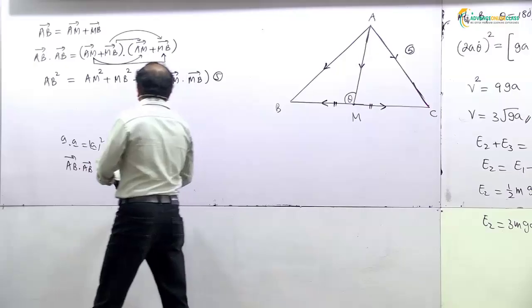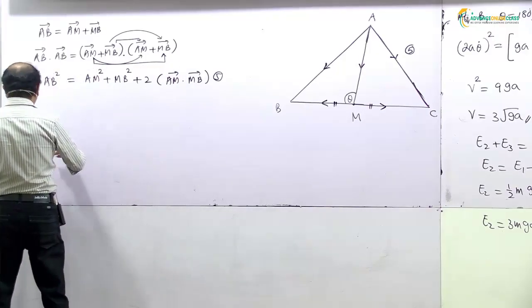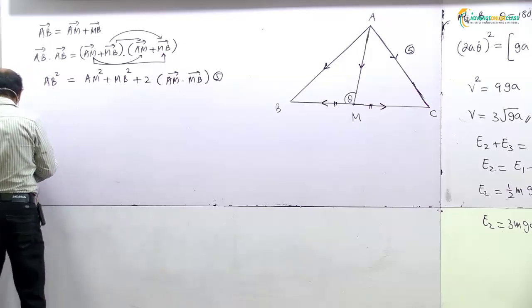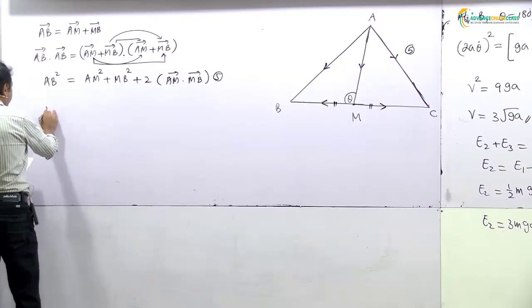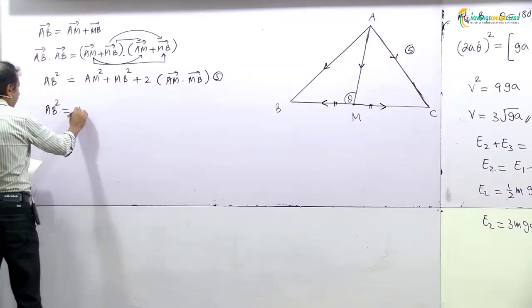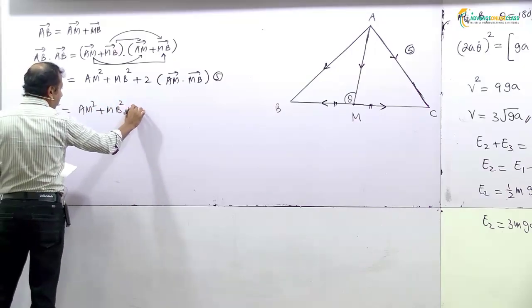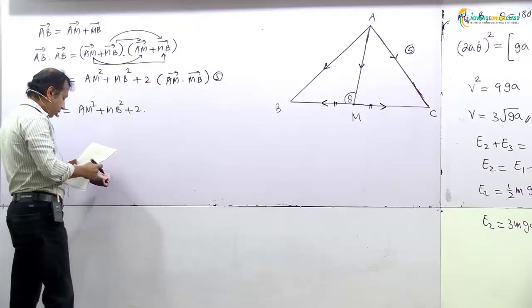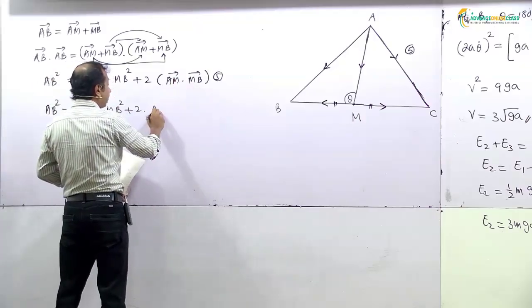Now, we can write AB squared equals AM squared plus MB squared plus 2 times. How to define the dot product?